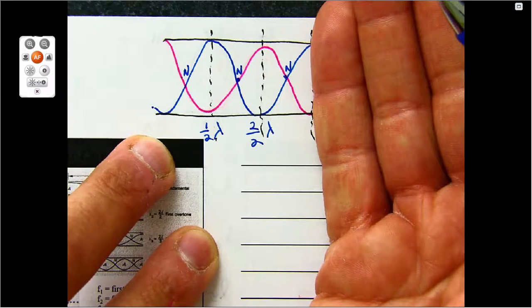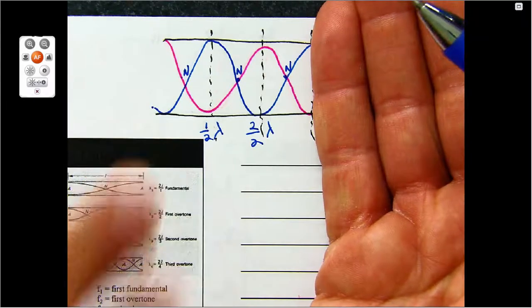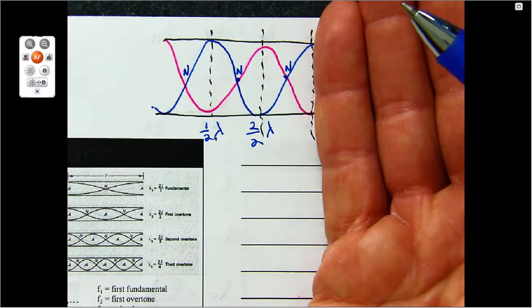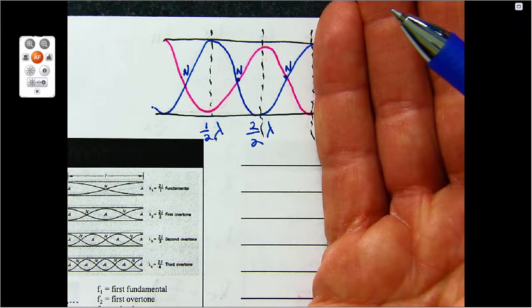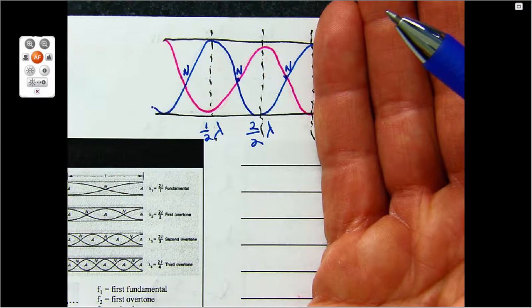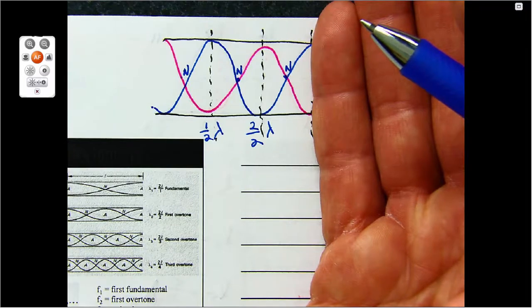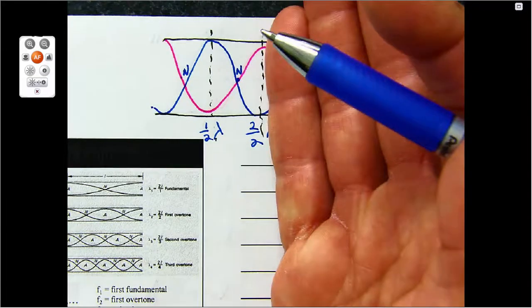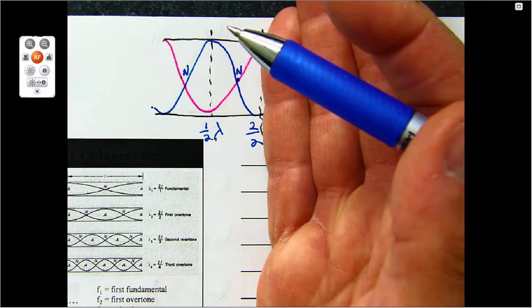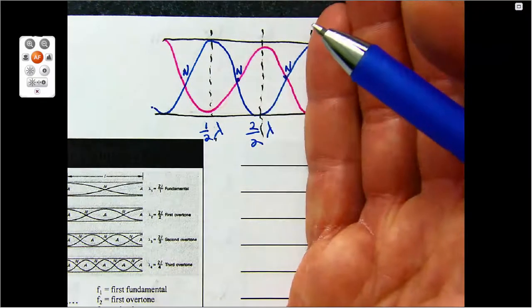If we had a pipe this length, how many wavelengths are in there? 1 1/2, right? Because this is a full wave, correct? This is a full wave, this is another half.